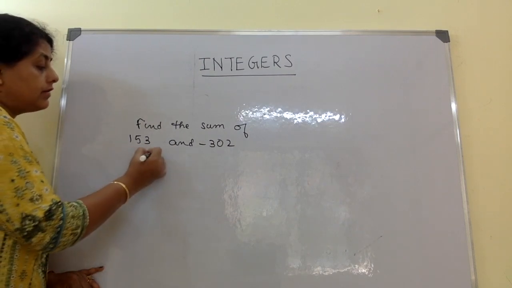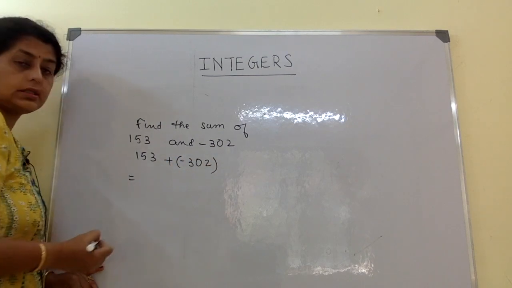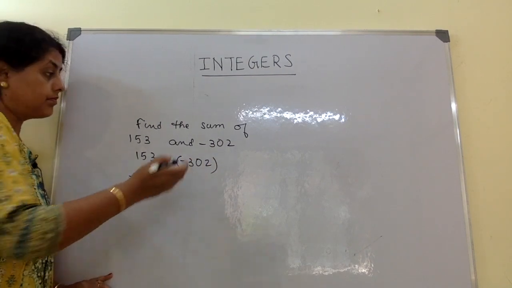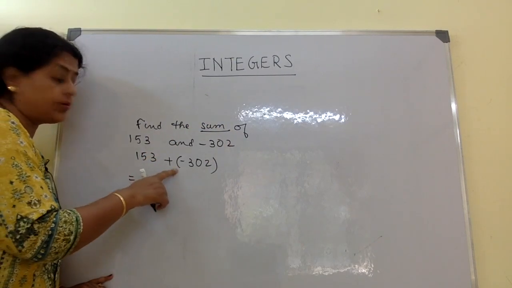Find the sum of 153 plus minus 302, yes, because they told sum, because of this word sum I have put the plus sign, okay, if this is subtract I'll put a minus sign.